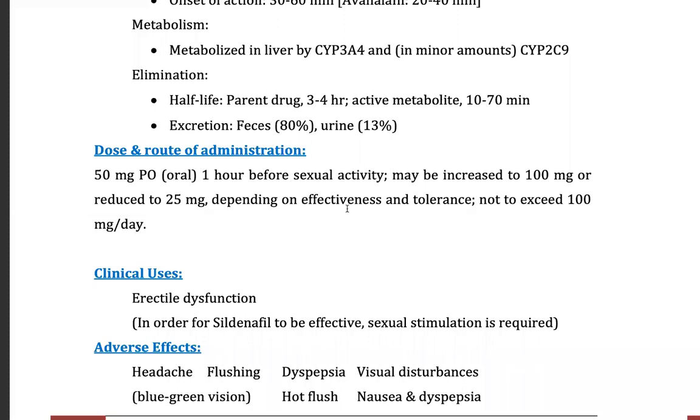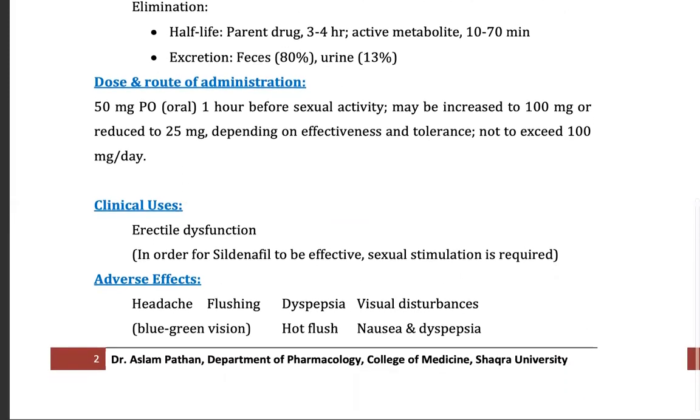And please take note, it should not exceed 100 milligrams per day. So the normal dose is only 50 milligrams by oral route. Now, in which conditions we need to reduce the dose to 25 milligrams, or we can say a 50% reduction in the dose, we will discuss in the next step.